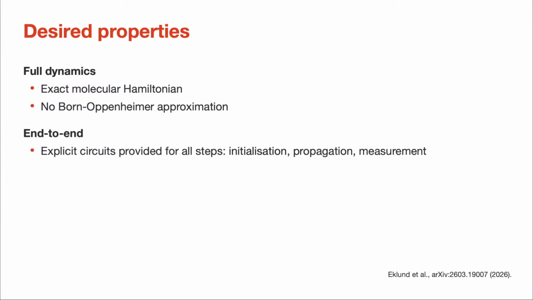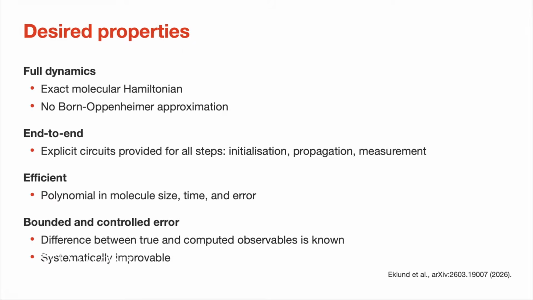We're not making approximations like the Born-Oppenheimer approximation or truncating surfaces to second or fourth or sixth order. It's end-to-end. We provide explicit circuits all the way for initialization, propagation, and measurement. It's efficient, so it's polynomial in molecule size, the duration of the simulation, and the error. And the errors are bounded and they're controlled.